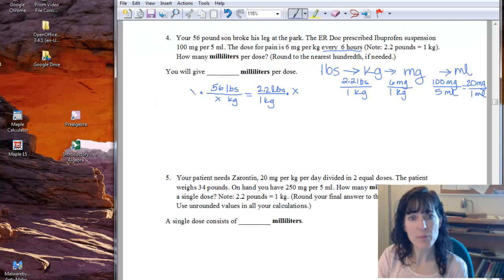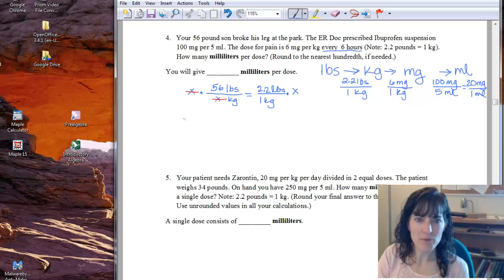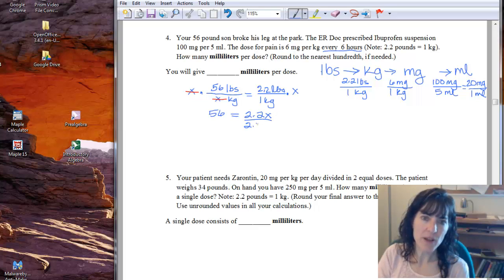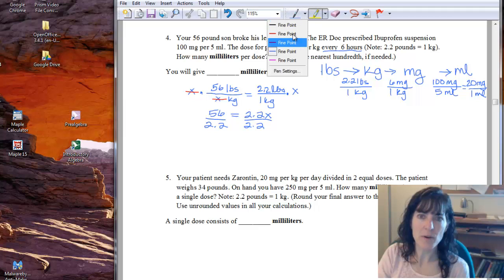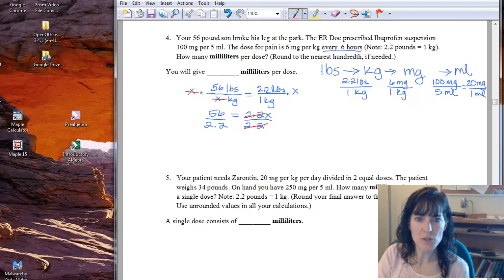So multiply this side by x, and then I can see that my x's are going to reduce on the left hand side, and the 1 doesn't reduce with anything on the right. So I'm left with 56 equals 2.2x, and then I want to divide both sides by that 2.2. On the right hand side, my 2.2 is reduced to 1, so I have 1 times x.